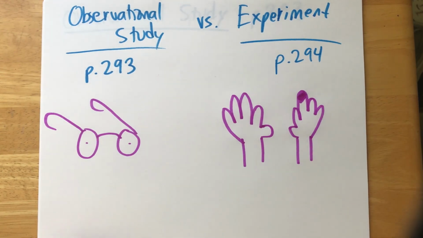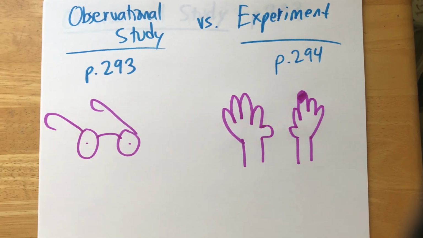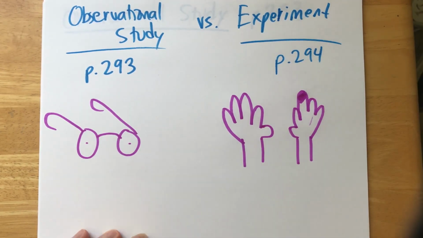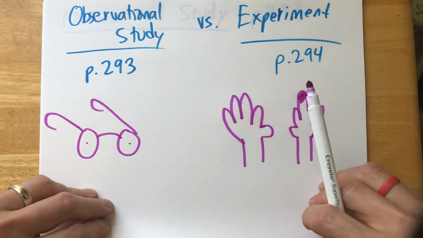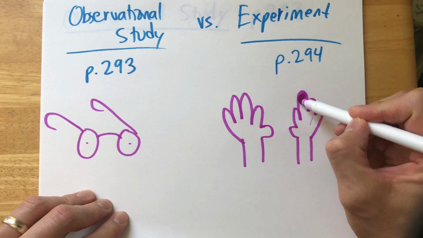So with an experiment, there's a lot of manipulation that goes into it. You're manipulating the participants or the experimental units. You're manipulating the factors, okay? So we're going to spend this chapter talking a lot more on experiments, but we still need to know the difference between the two. So let's first start. Sorry about that finger. I didn't mean for it to stick up too much.